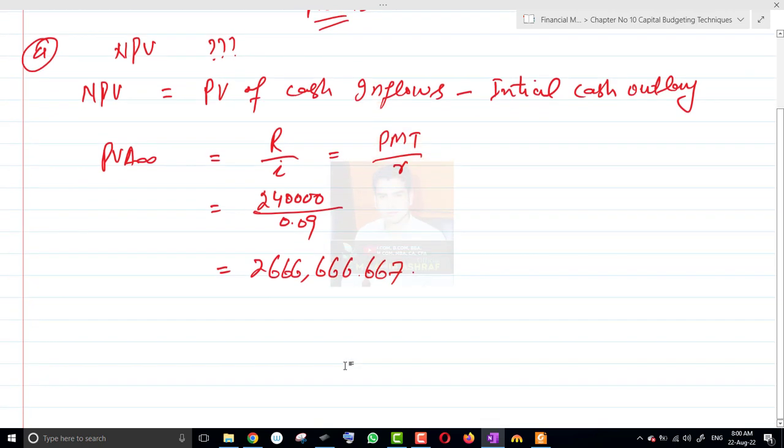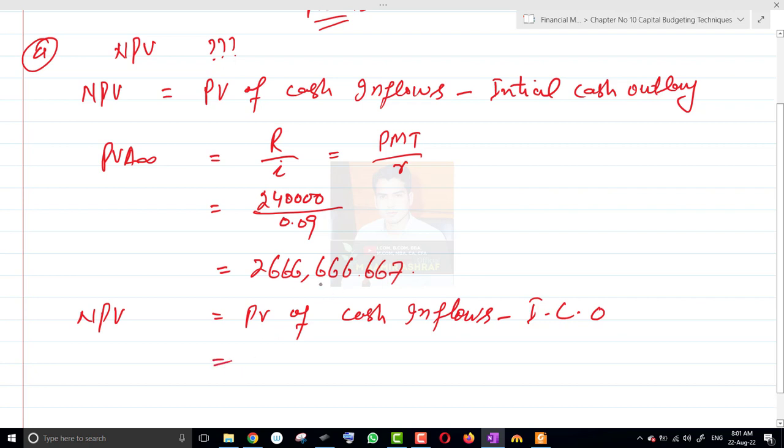Now we have to calculate NPV. NPV is equal to, as we have written the formula before, present value of cash inflows minus initial cash outlay. The present value is here 2,666,667 minus 2.5 million initial cash outflow.